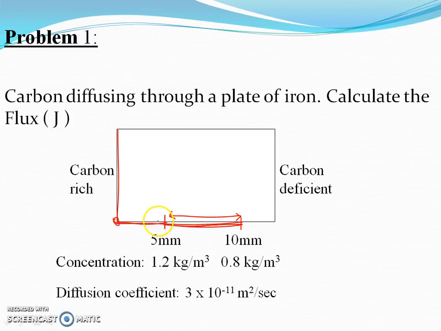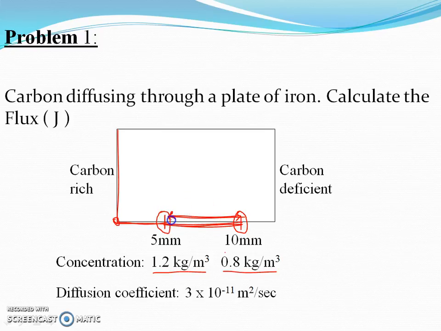Now the data available are the concentration at this point is 1.2 kg per meter cube at steady state, and concentration at this point, that is the remote point, is 0.8 kg per meter cube. So if this is so, then you are supposed to calculate the diffusional flux across this 5 millimeter range.